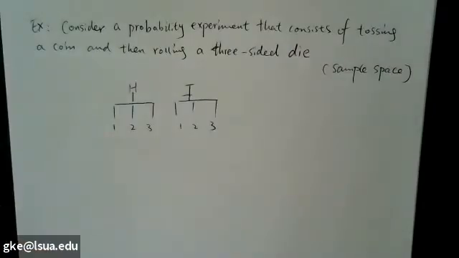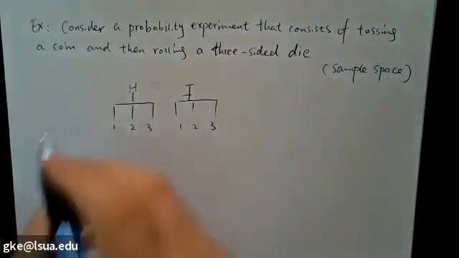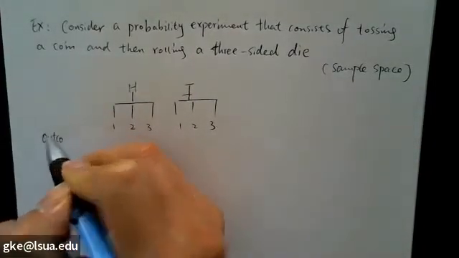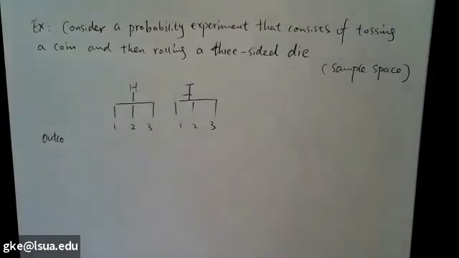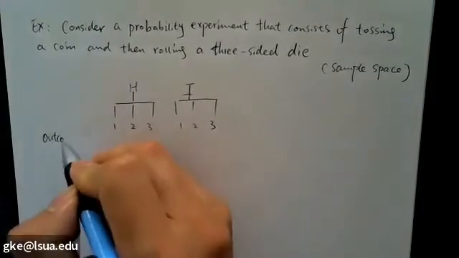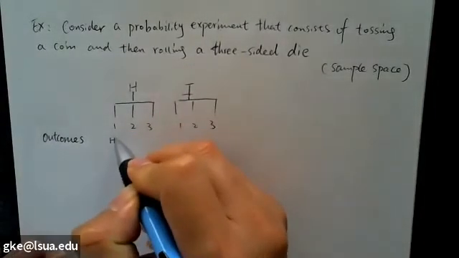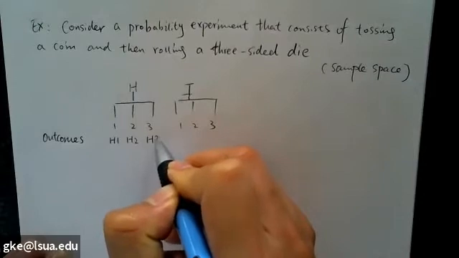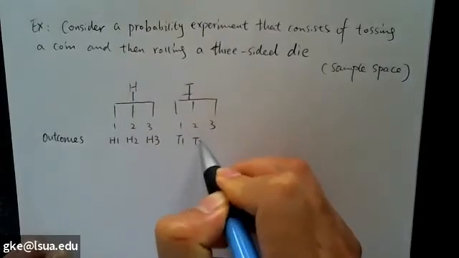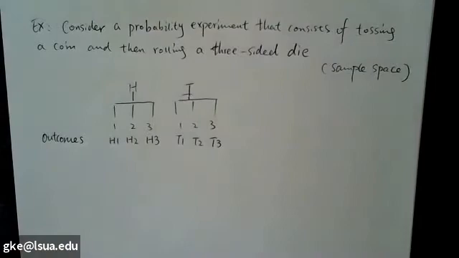Okay. So we have some combinations, or outcomes. After you draw this diagram, you can easily tell the outcomes. That could be H1, H2, H3, T1, T2, T3. And the sample space is what?